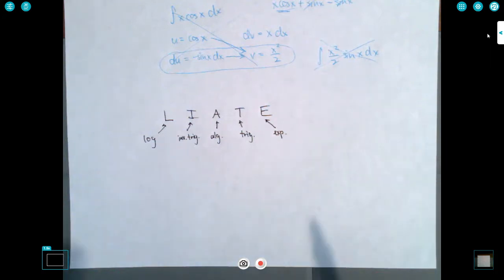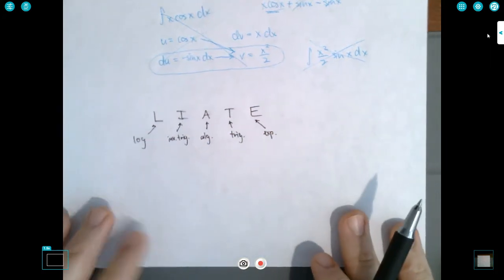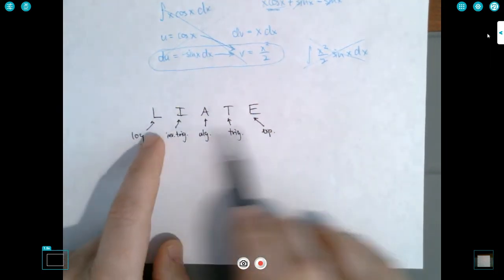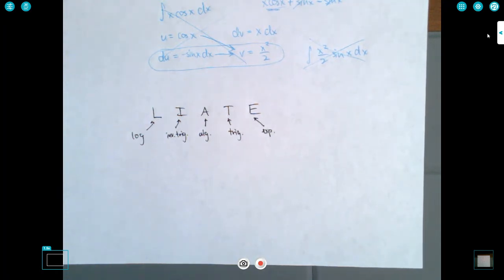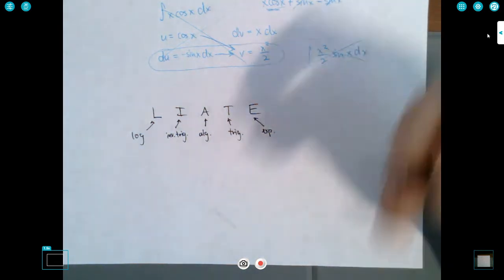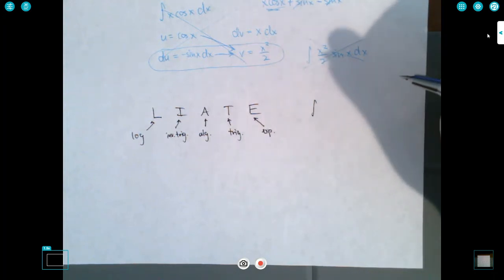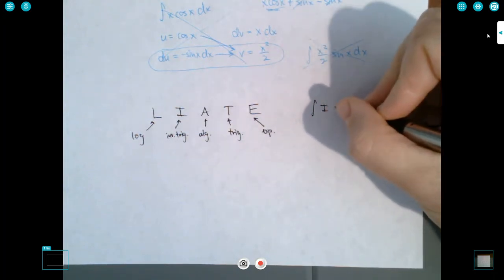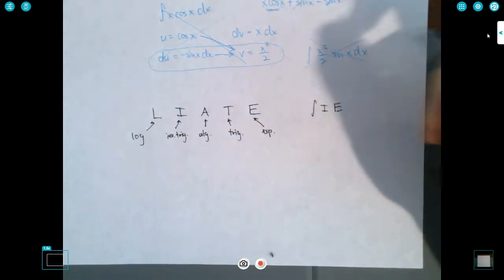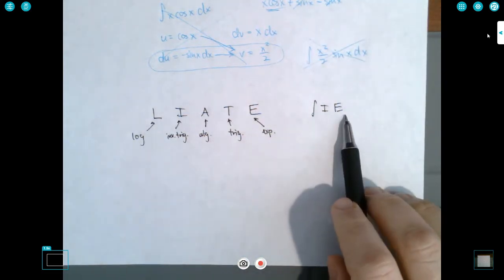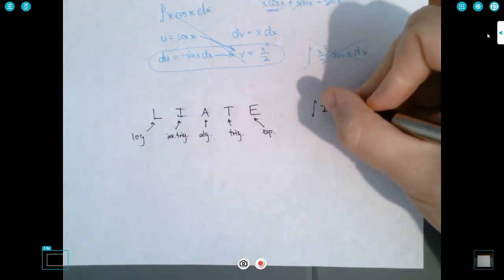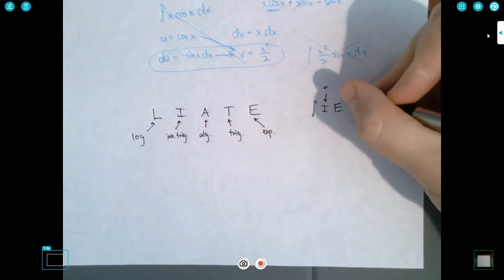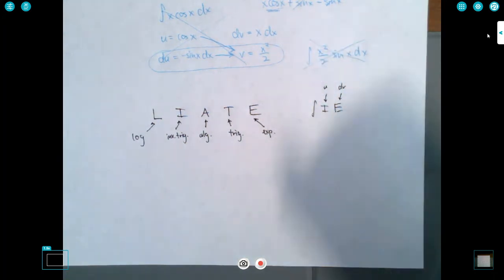Okay? And now, what good does that do you, right? Well, the way that you use this is that you're going to let u be the function whose category comes earlier. So if you had an inverse trig function times an exponential, you'd want to let u be the inverse trig, and then you'd let dv be the other part.